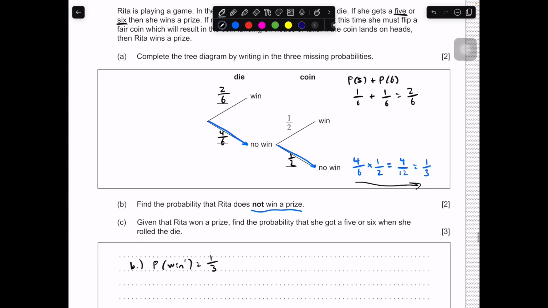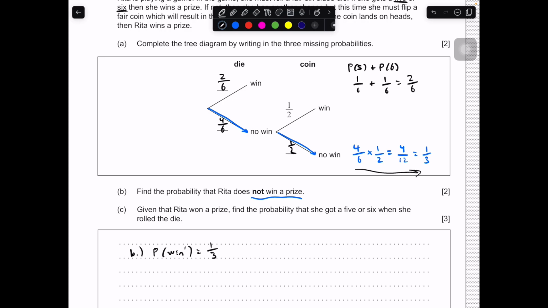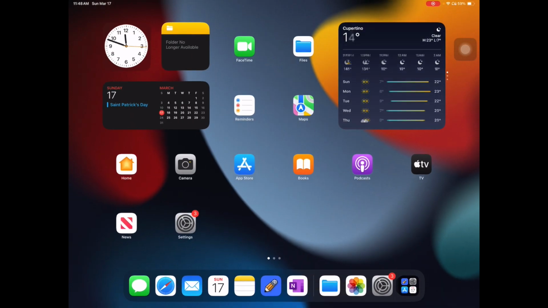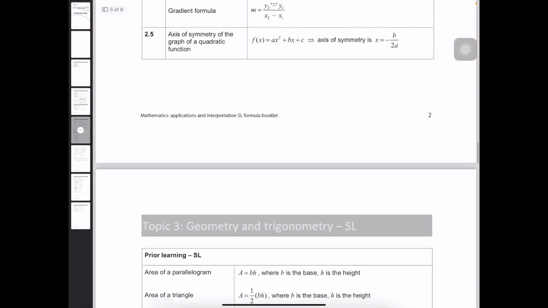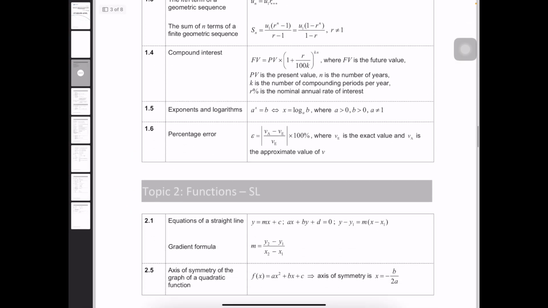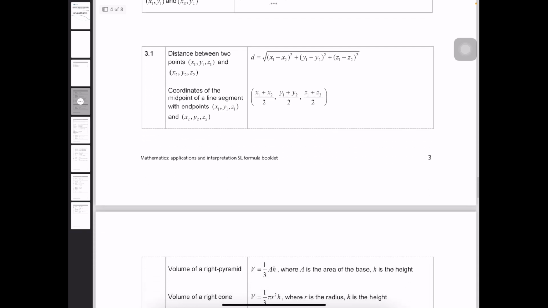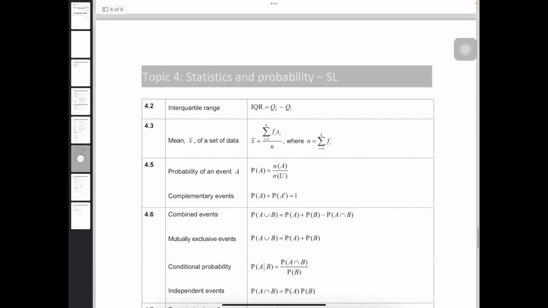Given that Rita won a prize, so we're in the realm of conditional probability. Given that Rita won a prize, find the probability that she got a 5 or 6 when she rolled the die. Alright, going to go to the formula booklet for this one, and then we'll talk about this a little conceptually. Alright, where is our probability? Here we go.